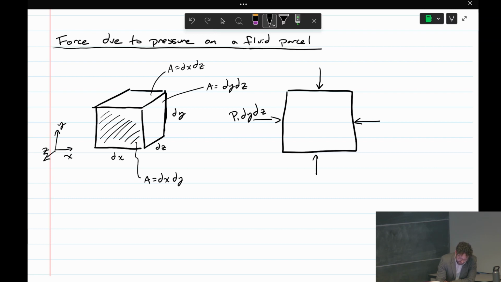Force on the right hand side, so we're doing the x direction forces, is P1 plus partial P by partial x times dx. So that's the pressure on that face. And the area of that face is dy dz.